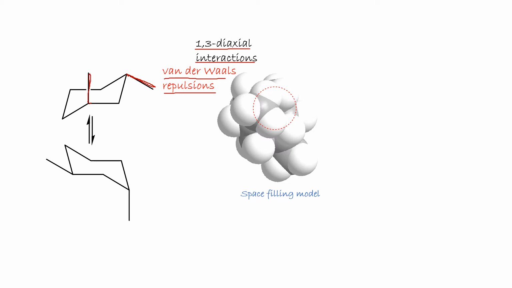If I draw the mono and ask the program to draw the 3D, it will immediately transfer to the more stable conformer, so I will not be able to see the 1,3 diaxial. That's why I selected this molecule where I force one of the methyls to be axial. Let's look at this one.